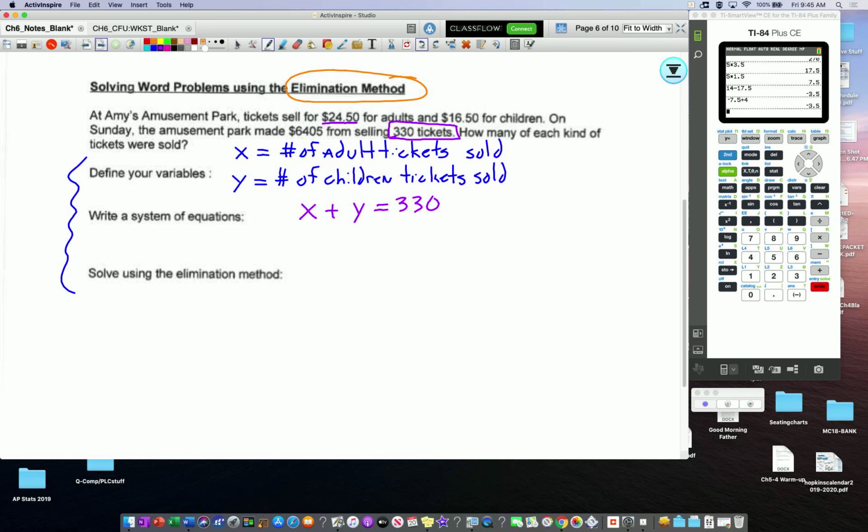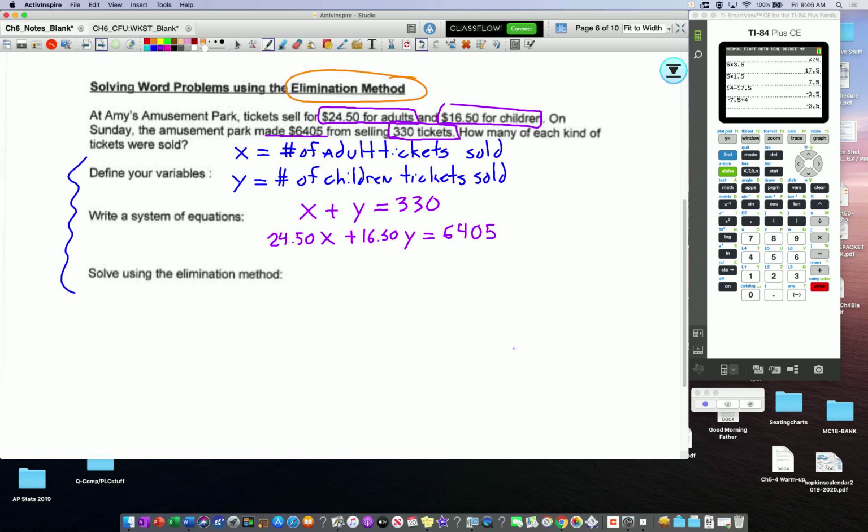For the second equation, I get $24.50 for every adult ticket I sell, so I multiply that by X because I don't know how many I'm selling, plus $16.50 times every child ticket. That has to add up to and equal $6,405. All right, so I have my system of equations.